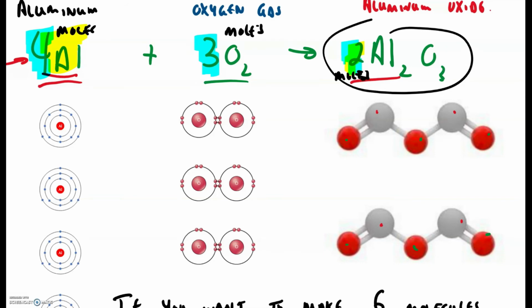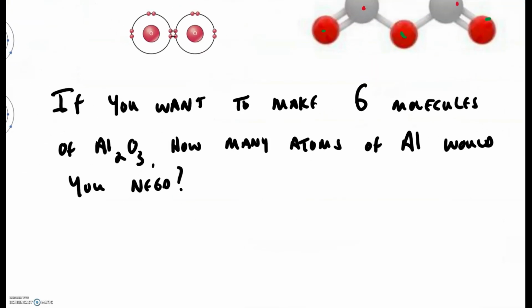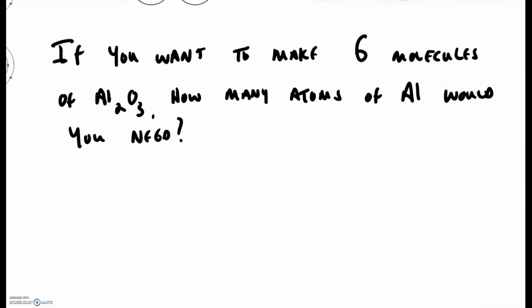Let's try how we're going to do it, a lot more simply than that. So let's take this question. If you want to make 6 moles of aluminum oxide, how many atoms of aluminum would you need? Let's replace those words, molecules and atoms, with moles, because it makes it way simpler.